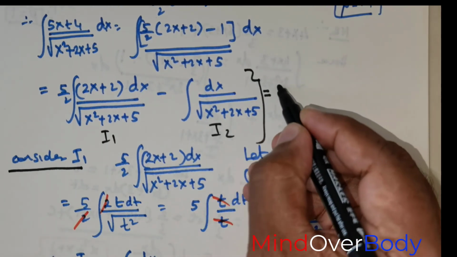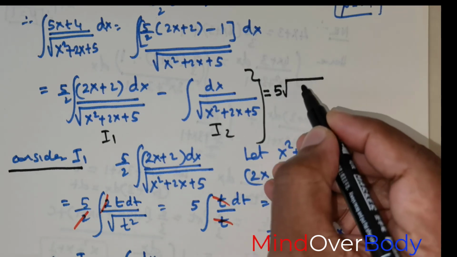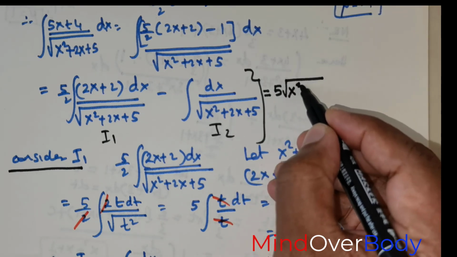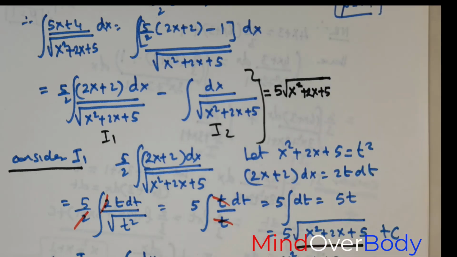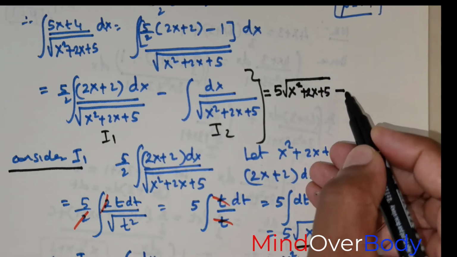So let's place that. It's going to be 5 times root of x squared + 2x + 5, that's I1, followed by a negative sign. That's important.